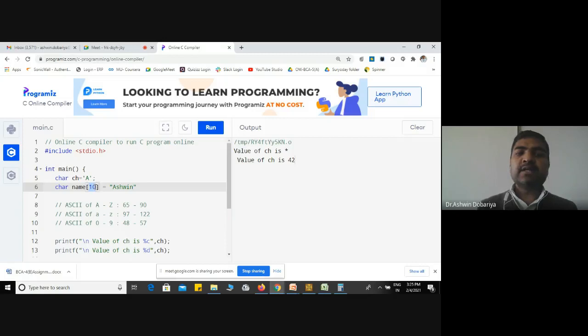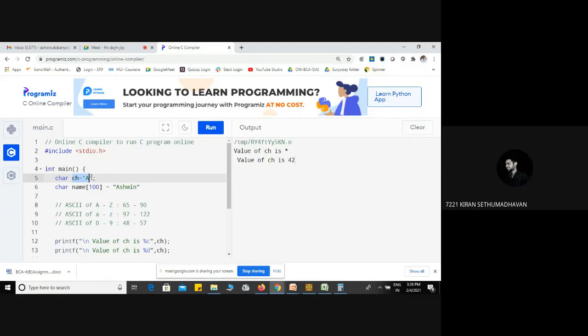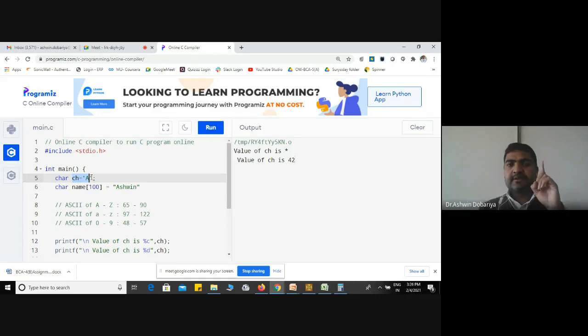But here, to store a list of characters, we need to mention a size according to the number of characters that you want to store. You can give more, even 100, not an issue. But what will happen if I give 100? We know that one character variable occupies how many bytes of memory? 1 byte, right?